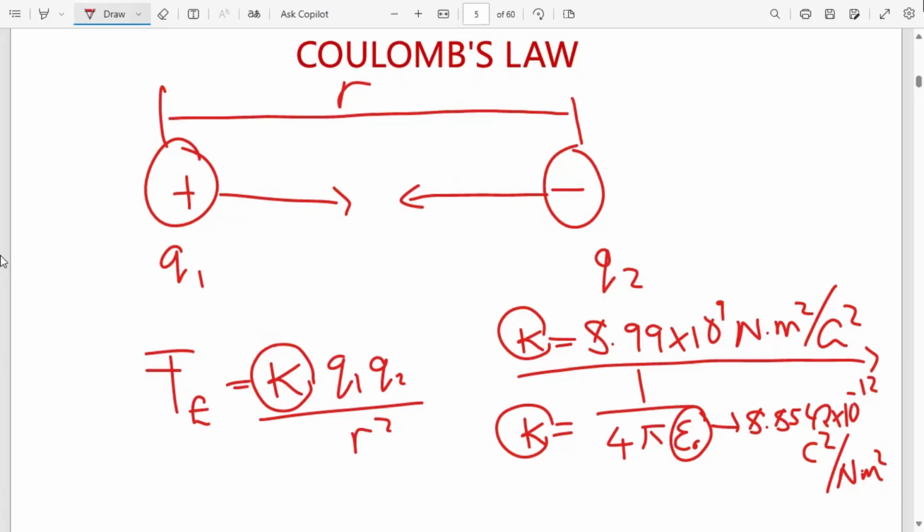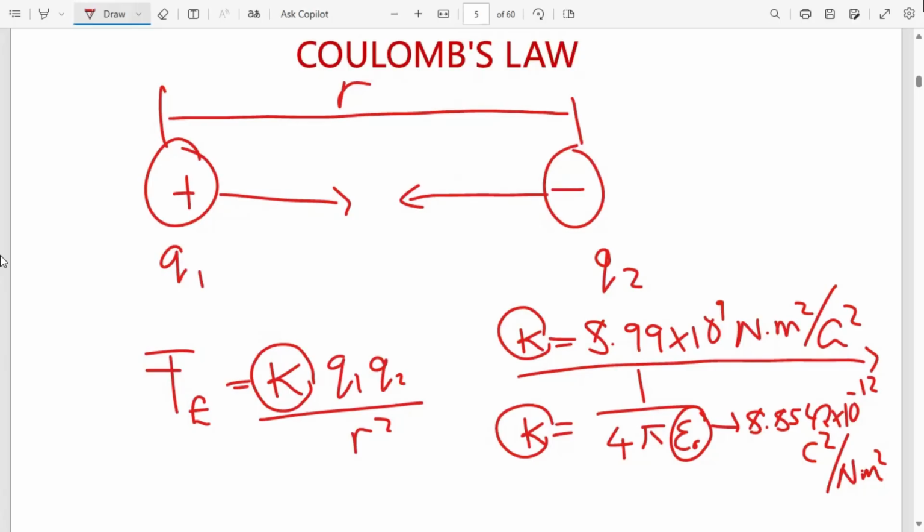So that, ladies and gentlemen, is the Coulomb's constant, and this is how you can calculate the electrostatic force that is between these two stationary point charges. The electrostatic force between these two stationary charges is in a manner that we call an action reaction pair.